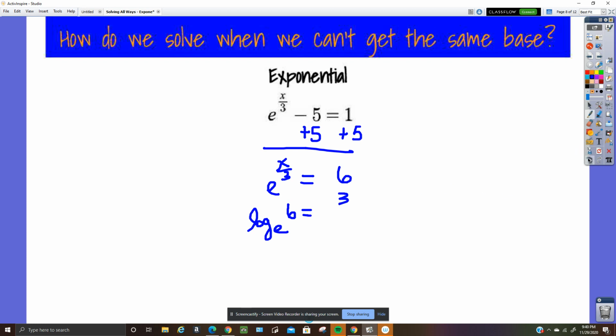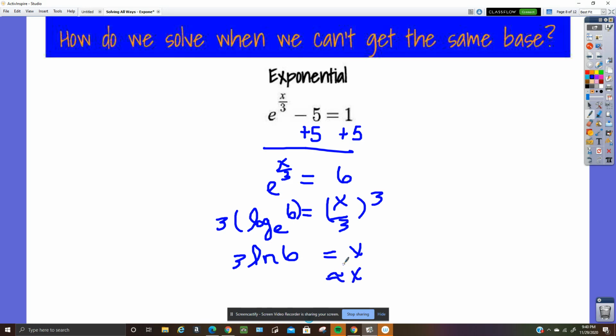Whoops, getting ahead of myself here. And then multiply both sides by 3. Log base e is the natural log, so x equals 3 natural log of 6.